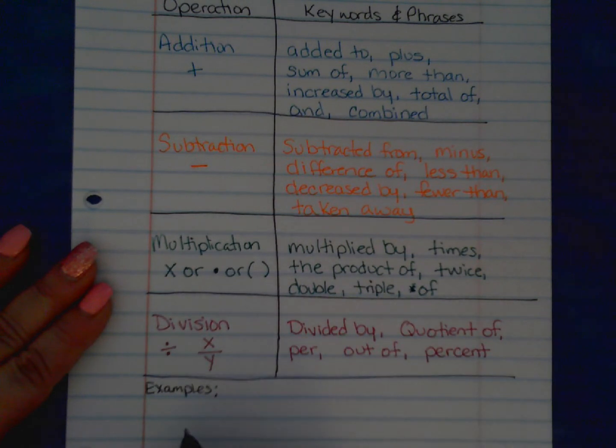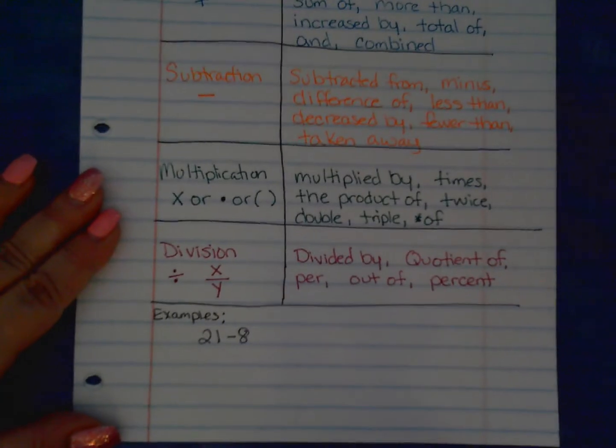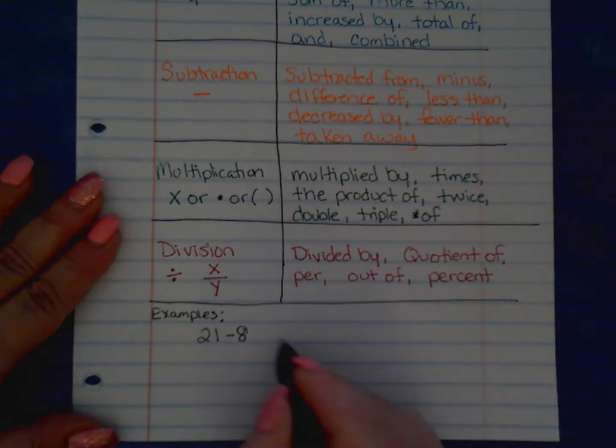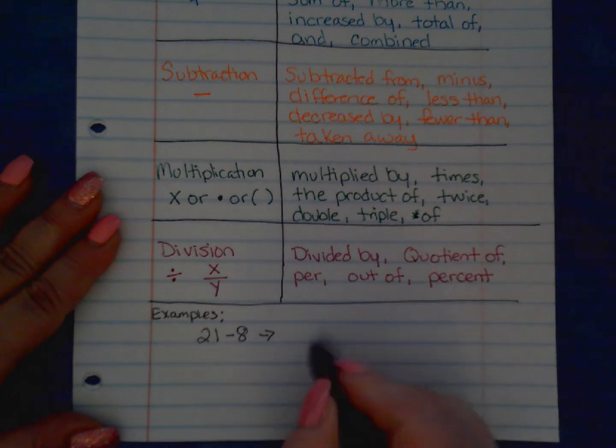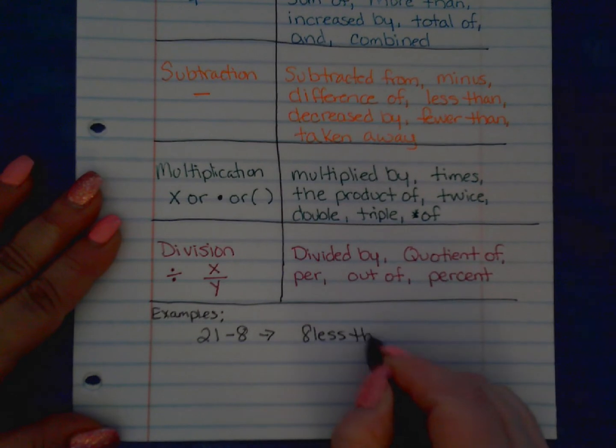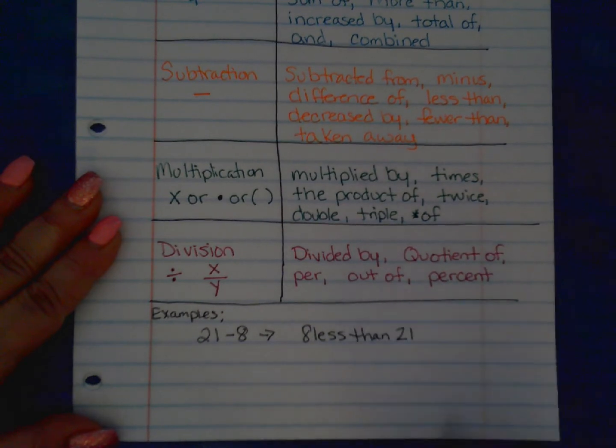Okay, so if I say 21 minus 8, I'm sorry, I didn't realize I didn't have it up. I could write it as 8 less than 21. Okay.